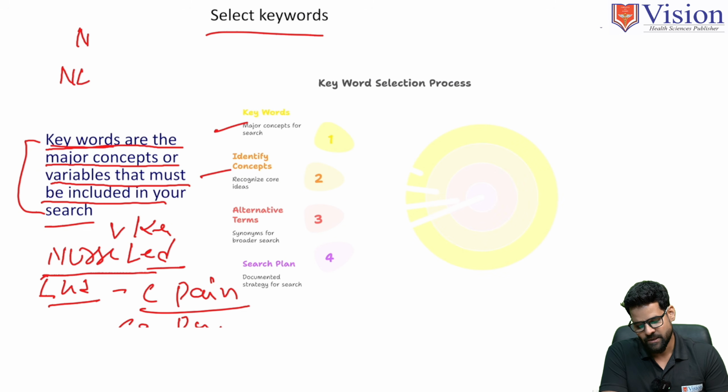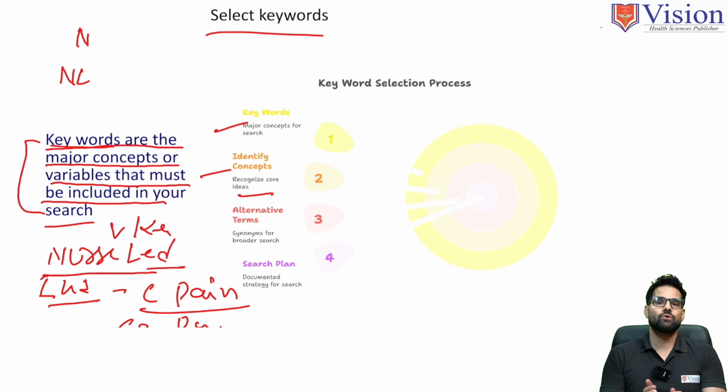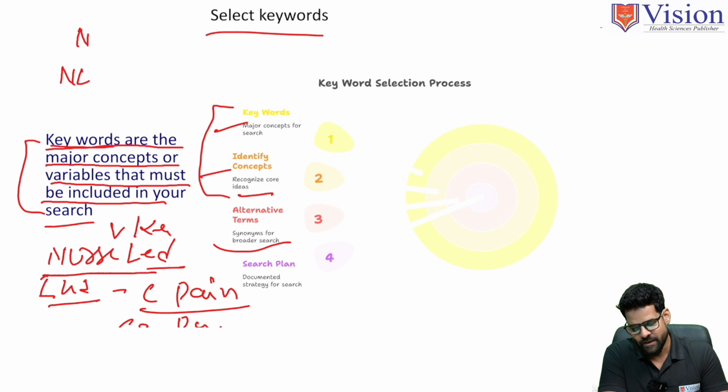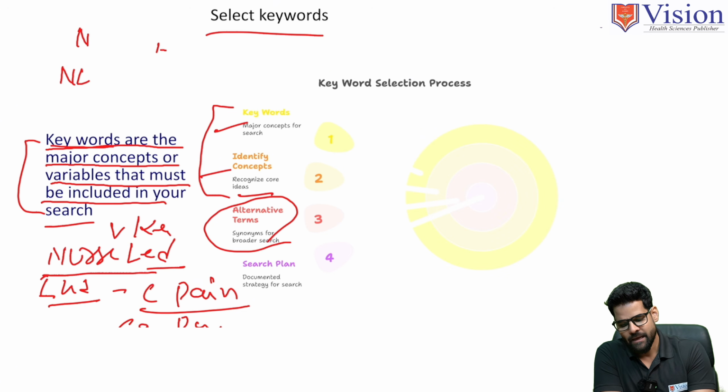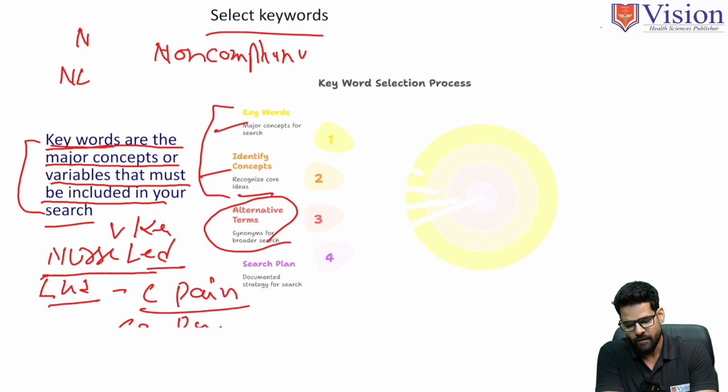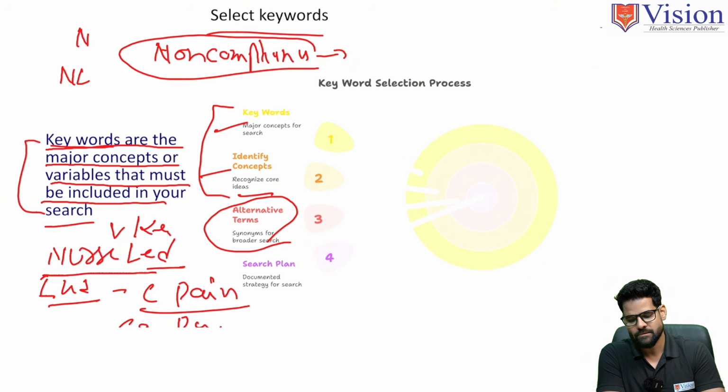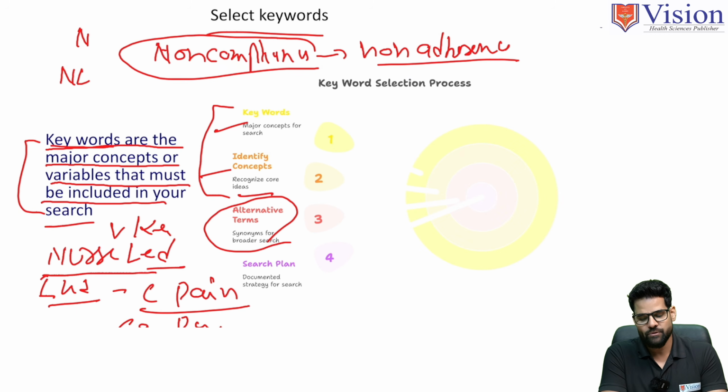So identify the concept, recognize the core idea. Your primary question which you have formulated will help you to select your keywords. Sometimes you can use alternative terms also, synonyms. For example, if I am doing a study on non-compliance, I should find out the synonym term for non-compliance, like non-adherence.